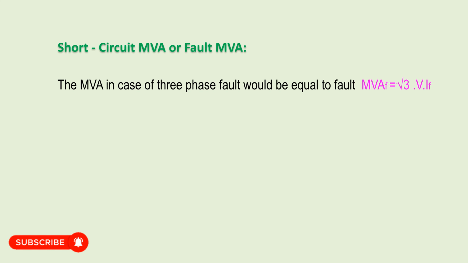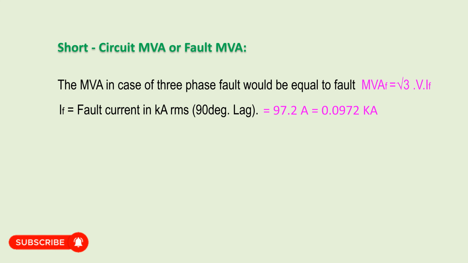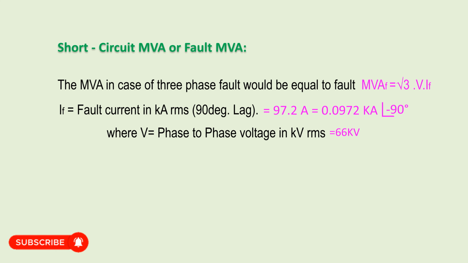The MVA in case of a three-phase fault would be equal to fault MVA F equal to root 3 V into IF. IF is equal to fault current in kiloamps at angle minus 90 degree, equal to 97.2 ampere is equal to 0.0972 kiloamps angle minus 90 degree, where V is equal to phase to phase voltage in kV RMS is equal to 66 kV.